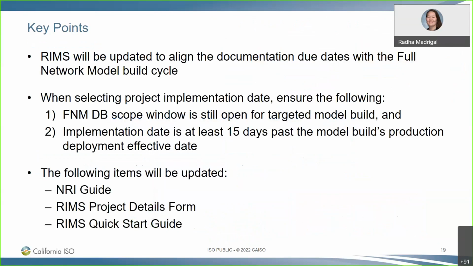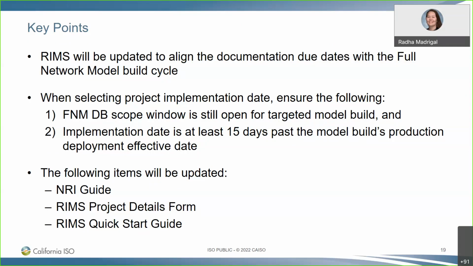So key points to wrap this up before we open it up for some final questions. To tie it all together, we're going to be updating the documentation due dates in RIMS with the full network model build cycle that we just discussed. We went over a couple of examples. Again, to reiterate, those due dates are for when the required documentation needs to be accepted by the ISO.